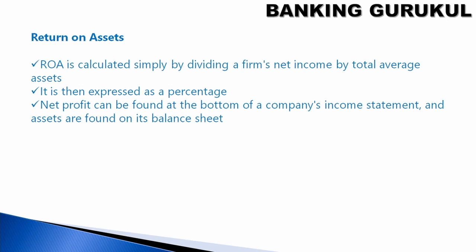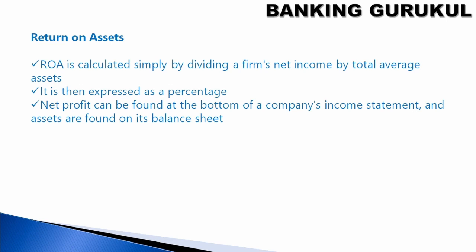ROA is calculated simply by dividing a firm's net income by the total average assets. Total average assets means every day the assets keep changing. That will be averaged and the net income divided by it, then you will get the return on assets. It is then expressed as a percentage. So whatever the outcome is, it will be expressed as a percentage.